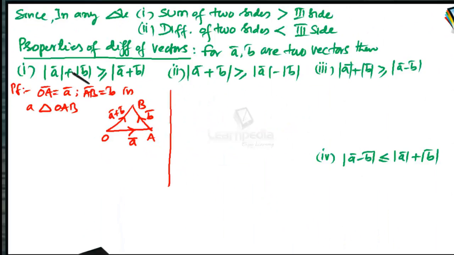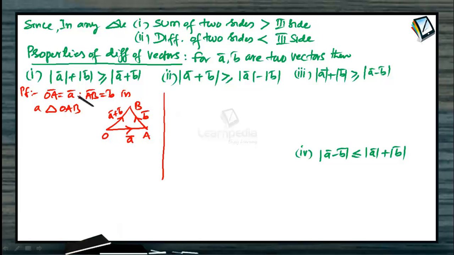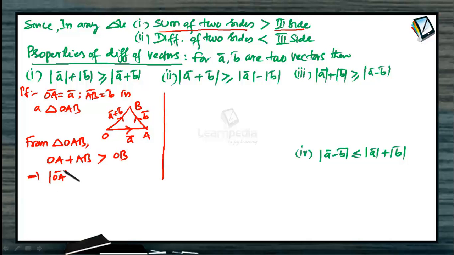From the property mentioned above, the sum of two sides is more than the third side. From triangle OAB, side OA plus side AB is more than side OB. Their magnitudes, I can write, is more than OB bar.